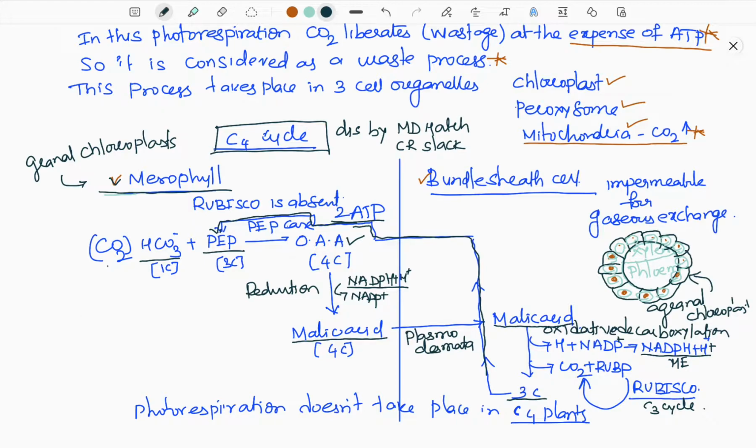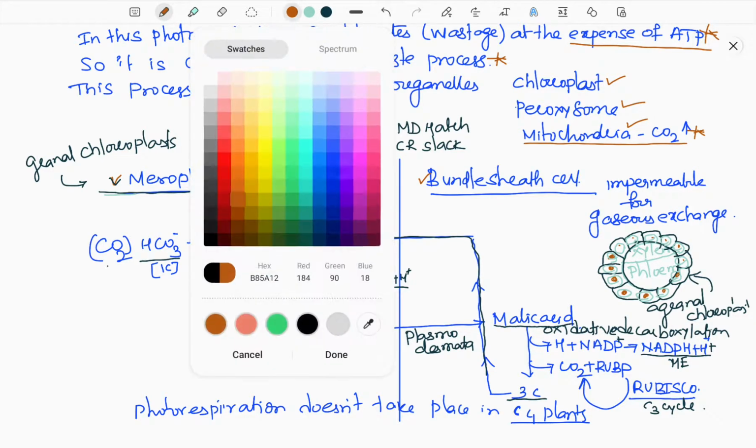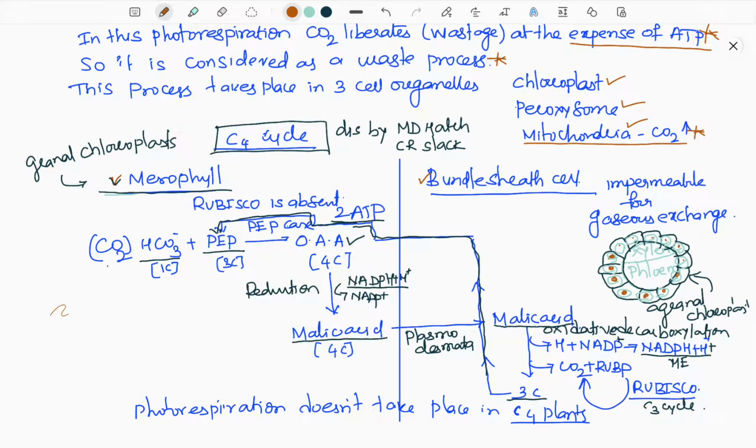Actually, you know that 1 Calvin cycle requires 18 ATP plus 12 NADPH plus H plus. These are required for the Calvin cycle. That too, 6 times the Calvin cycle takes place to form one hexose molecule as the net product.